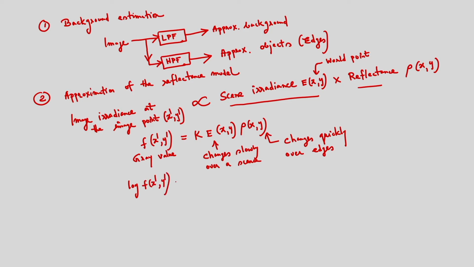The objective is to convert the multiplication into addition, the summation: log k plus log E(x, y) plus log rho(x, y). If you see, this log k is nothing but the DC component. The k is a constant, so it is DC. Log E(x, y) is the low frequency component.